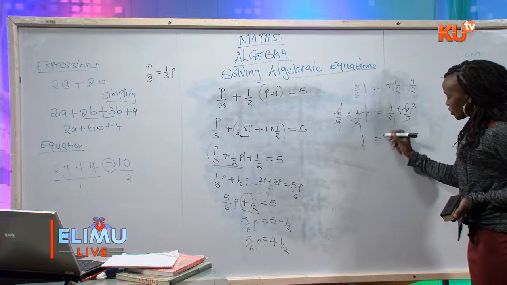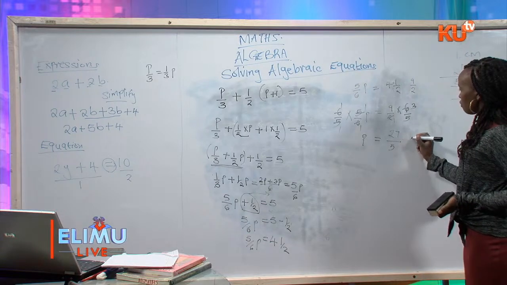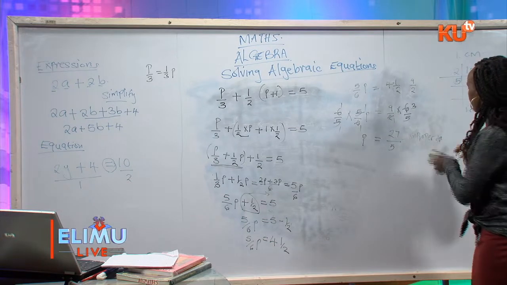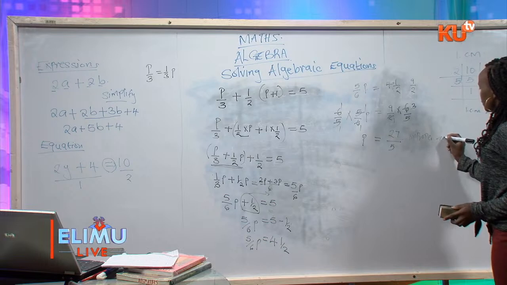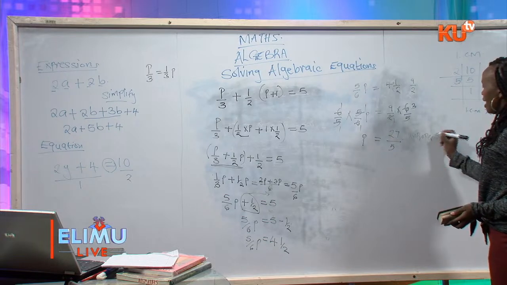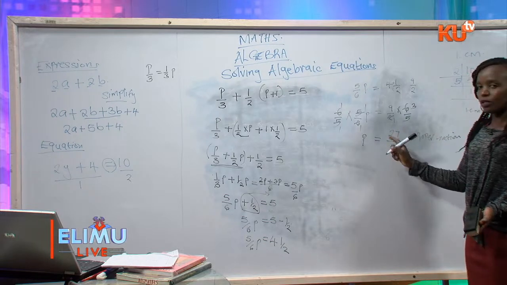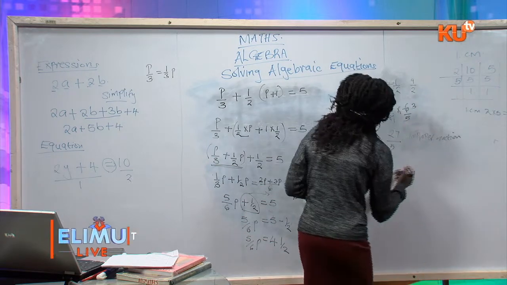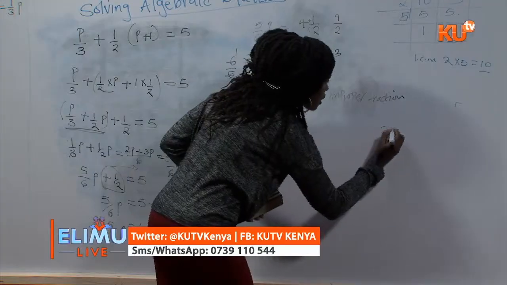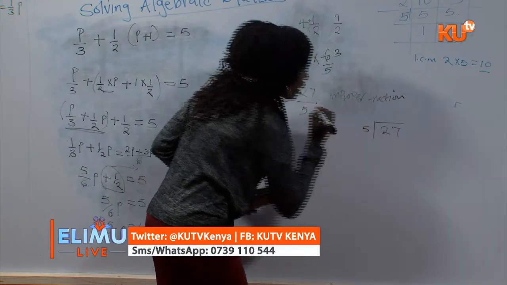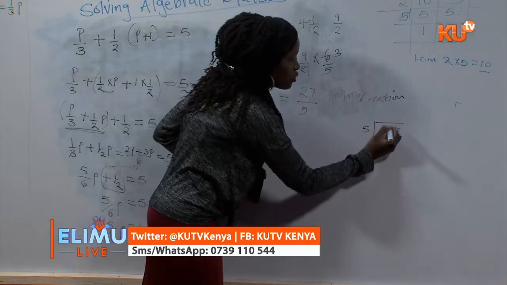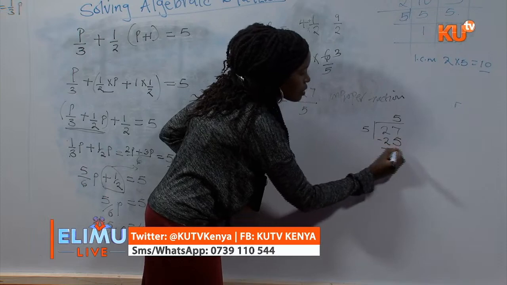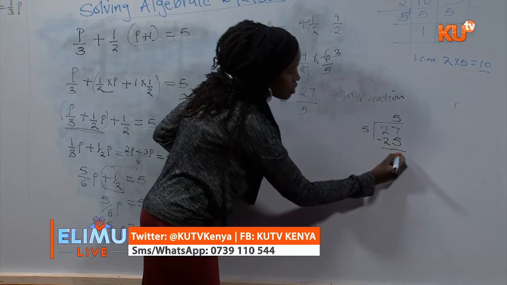The answer that you have gotten here is an improper fraction, so we can't leave our answer in this form. We change it to a mixed fraction. We take 27 and divide by 5. 5 will go into 27 5 times because of 25. Then we subtract, 7 take away 5 is 2.